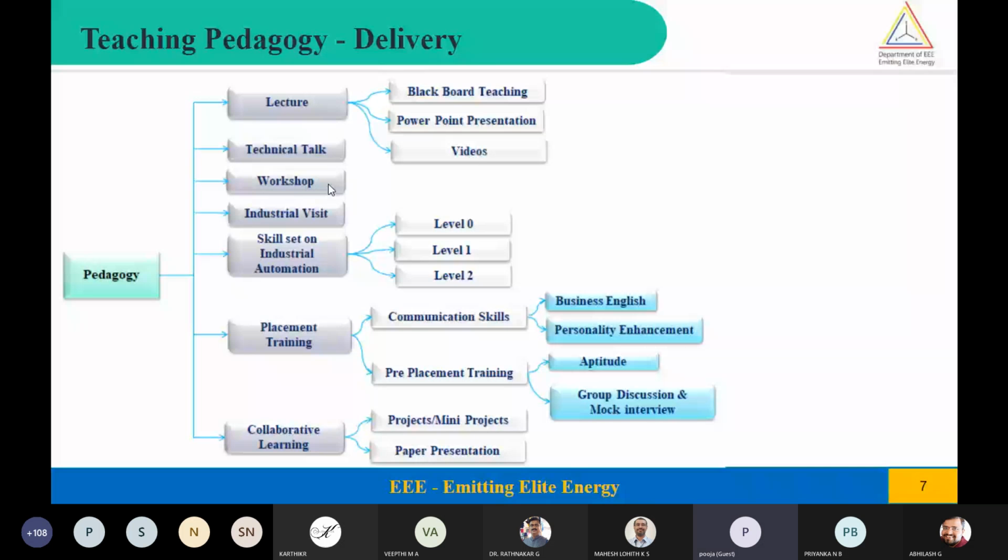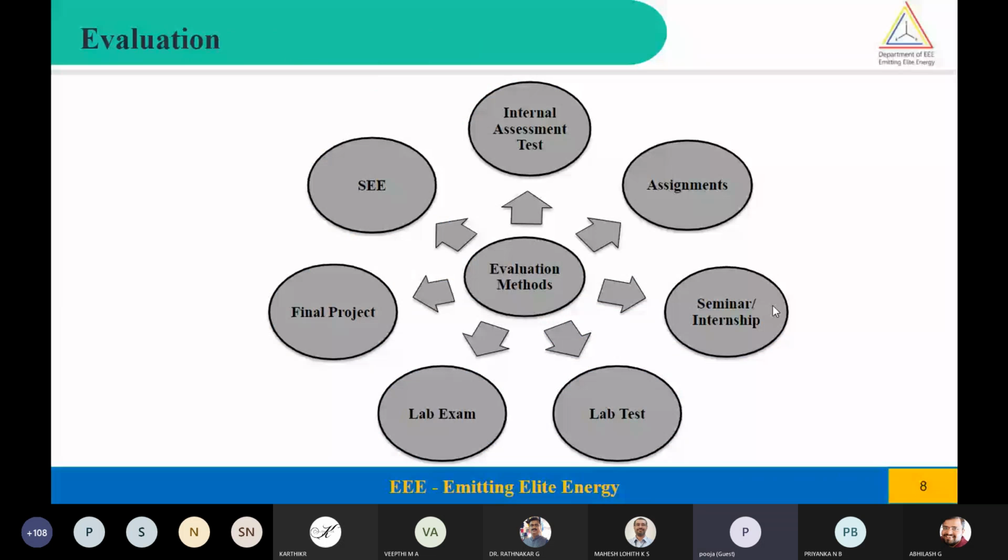Okay. Then moving on, how do you evaluate the curriculum? We deliver the curriculum as per the university schemes, and we also have certain tools or evaluation methods to evaluate you.